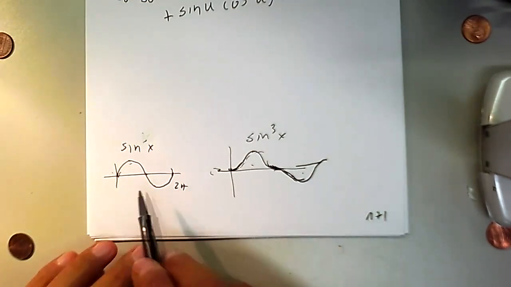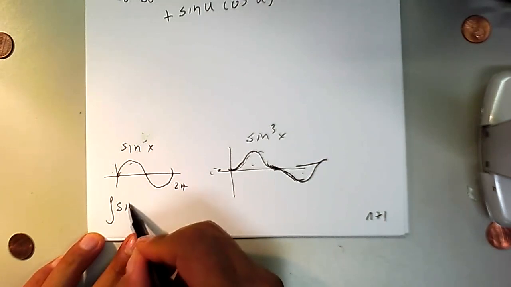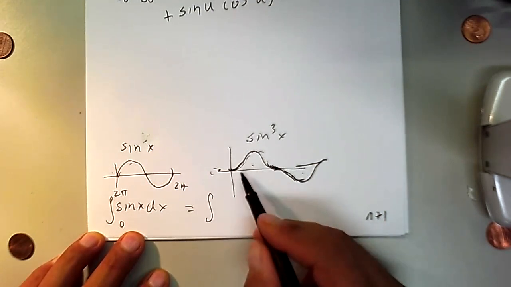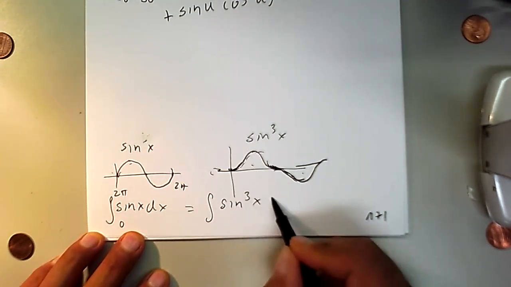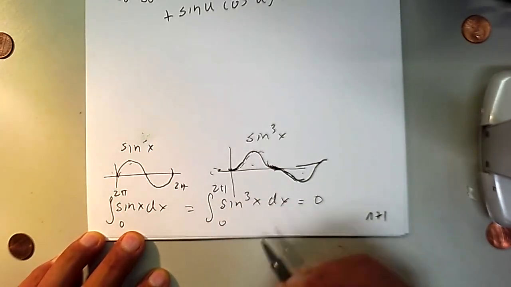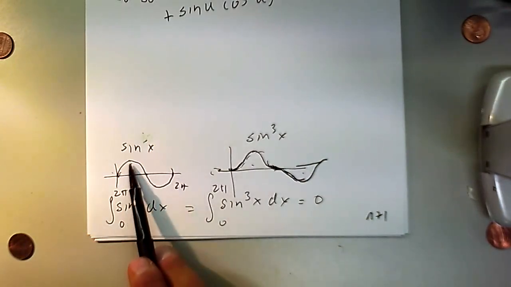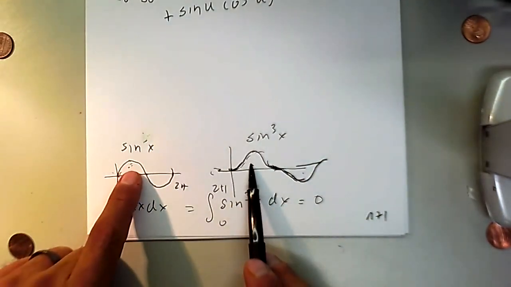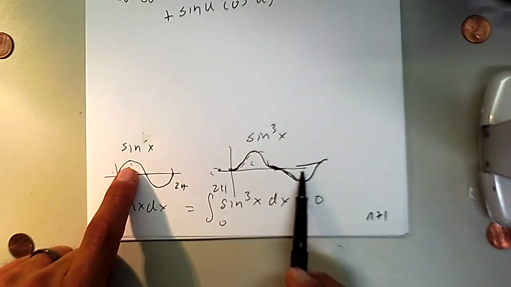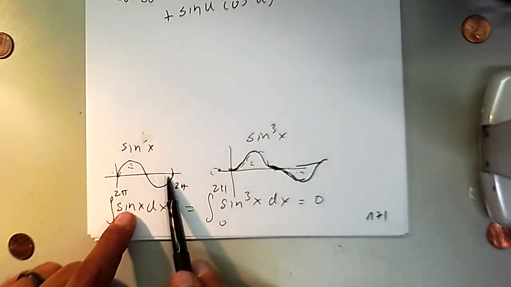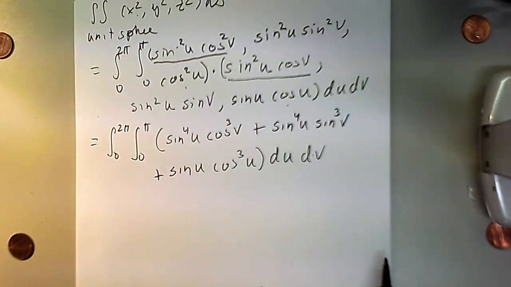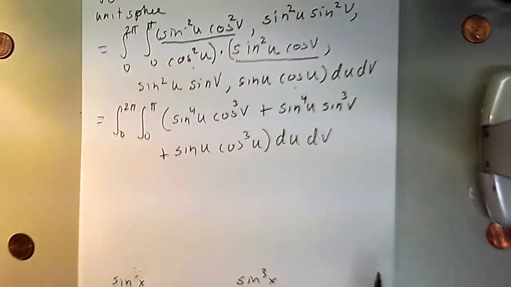What I'm trying to say is that whether you integrate sine x dx from 0 to 2 pi, or you integrate sine cubed x dx from 0 to 2 pi, as long as we do a whole period, we're going to end with 0, not because the corresponding areas are the same, but because whatever this is, it will undo this one, just as those two undo each other because of the symmetry. So here, that's with sine.